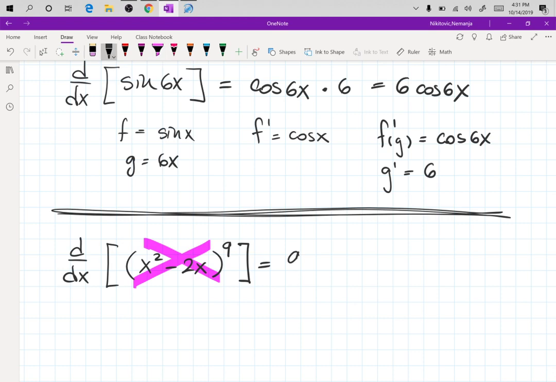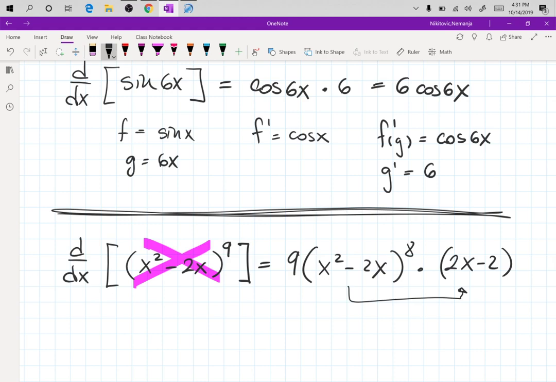Something to the 9 is 9 something to the 8. And then you just copy in the guts, which is x squared minus 2x, times the derivative of the guts, which is what? 2x minus 2. Good. Done.